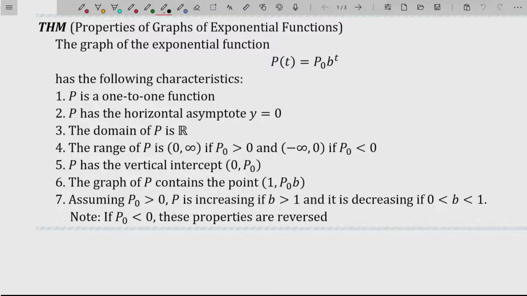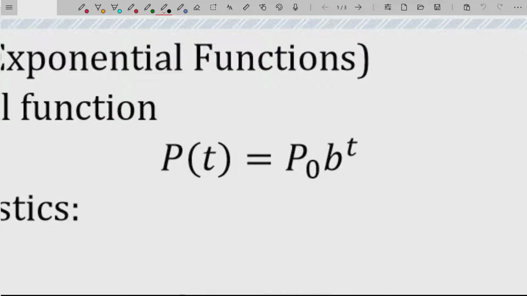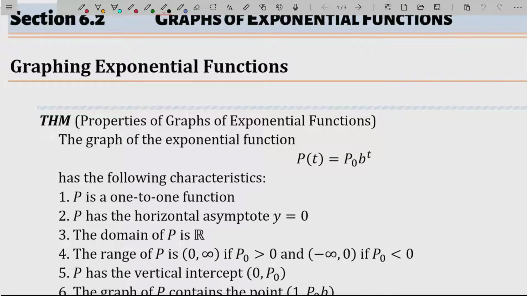The graph of the exponential function P(t) = P0 b^t has the following characteristics. I should note, and I don't know if I mentioned this in the previous videos, but if I did not, I don't use the same format that most authors use when they talk about exponential functions. Most authors use the format f(x) = ab^x.